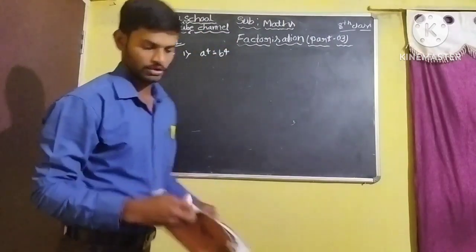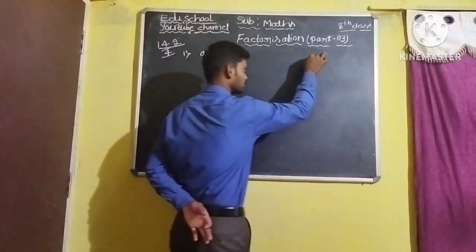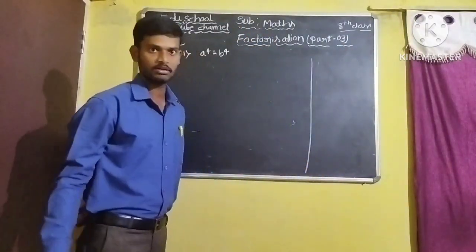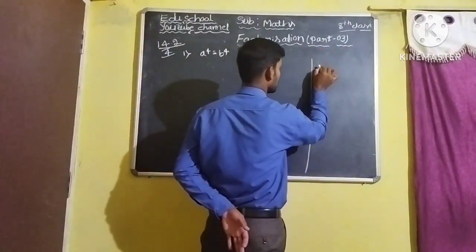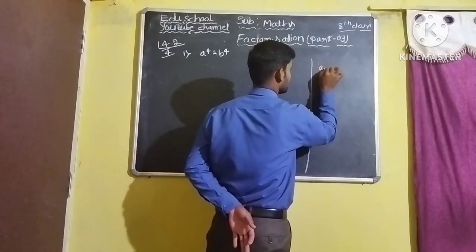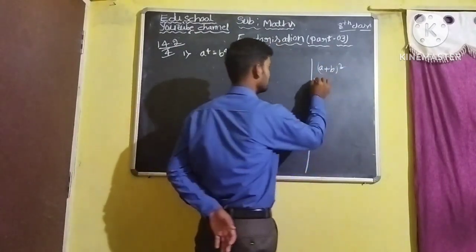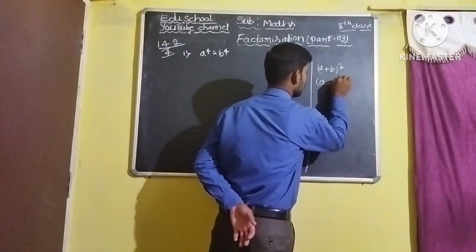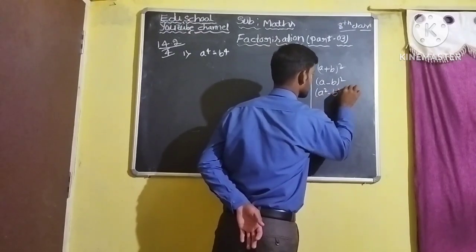So understand. In the last class we already discussed the algebraic expressions formulas. What are the three algebraic expressions formulas? First one is a plus b whole square formula, also a minus b whole square formula, and also a square minus b square formula.